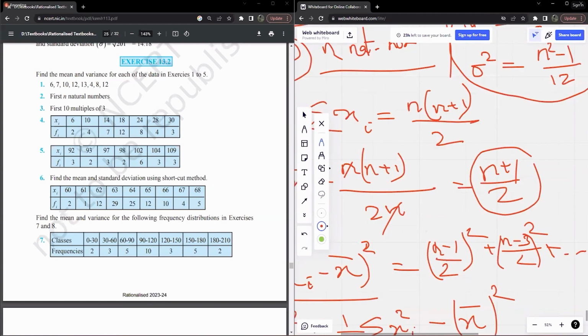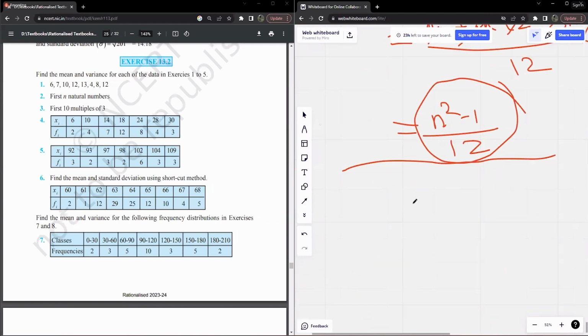Question 3. First 10 multiples of 3. So we have the data set to be 3, 6, 9, and so on, until 30. Pretty easy, right?